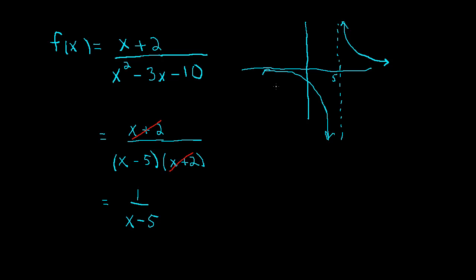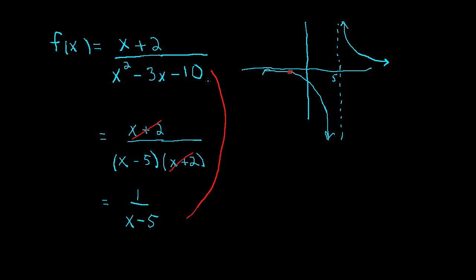Now, upon careful inspection, at -2 we saw that there was a little hole, about right there. If I graph this new function, I would get this identical graph, except for the hole. So these two graphs agree with each other at every single point, with the exception of -2.